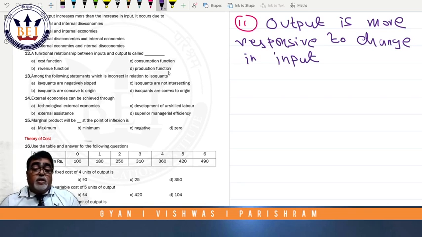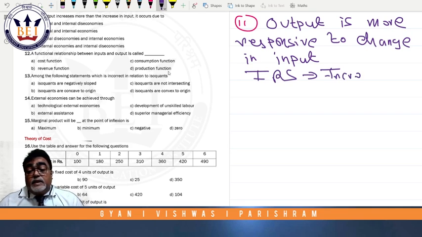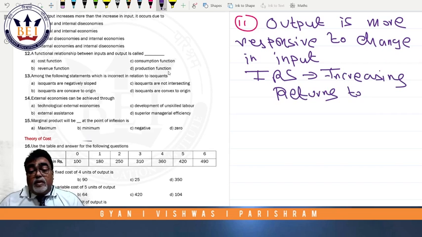When output is more responsive to change in input, obviously our concept is IRS. Achha beta, what is IRS? Increasing returns to scale. Achha, how does IRS come about? What does it mean?